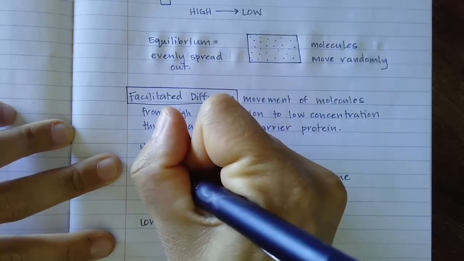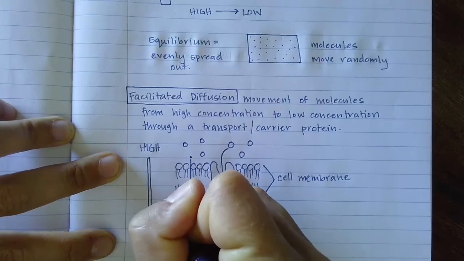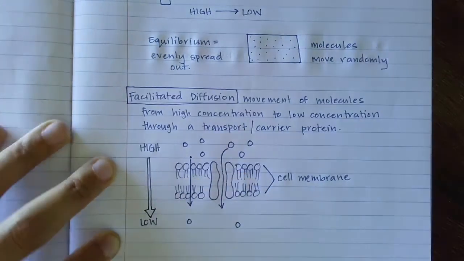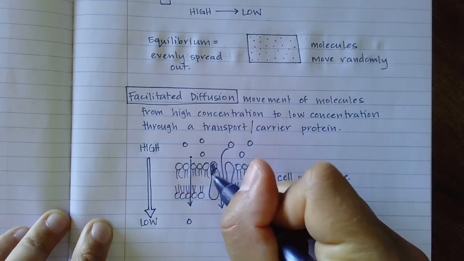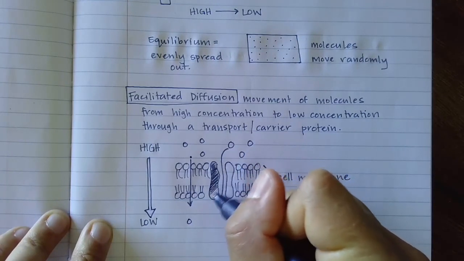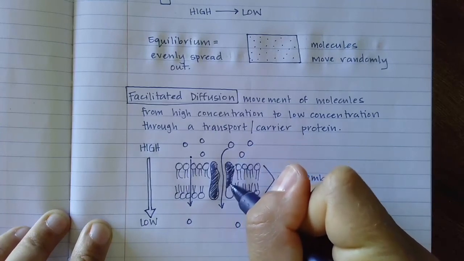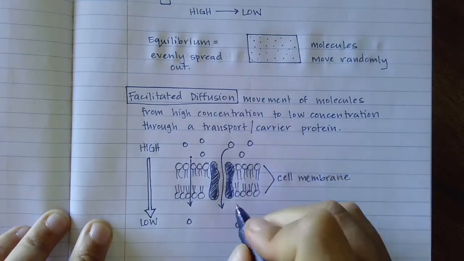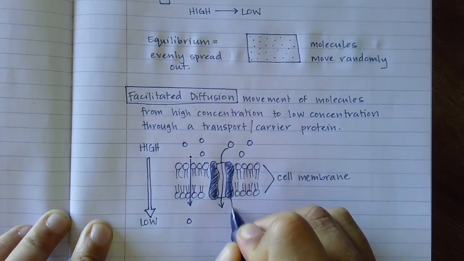So the molecules are still moving from high to low. But the facilitated diffusion part is that now they're being helped, or facilitated, through the cell membrane by this transport protein.